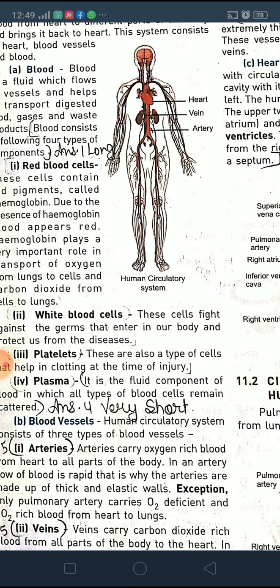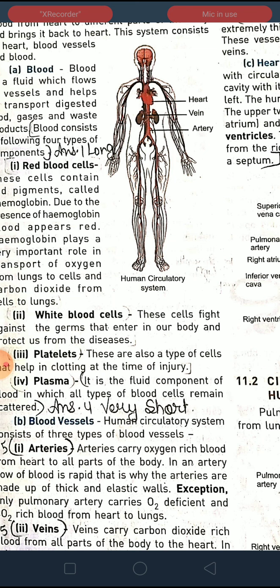Third is platelets. Platelets are also a type of cell that helps in clotting at the time of injury. If you get a cut and blood is coming out of your body, after some time a clot will form over your wound. Actually it is because of platelets.